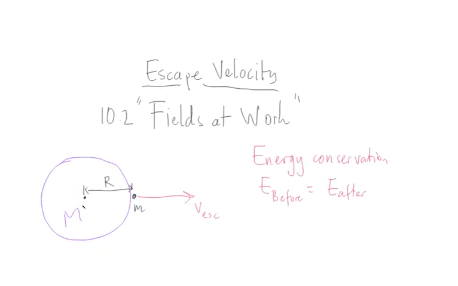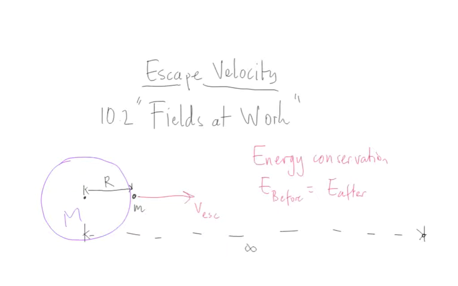And what's the after scenario? Well, afterwards, in effect, we've got to a distance of infinity where the gravitational potential energy due to this mass is zero. And if you remember from the previous video, at this distance the object just about stops and doesn't turn around and fall back down to Earth again.